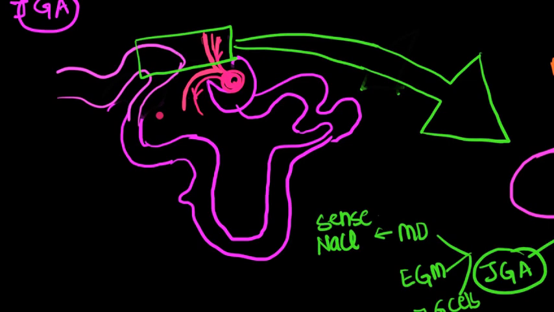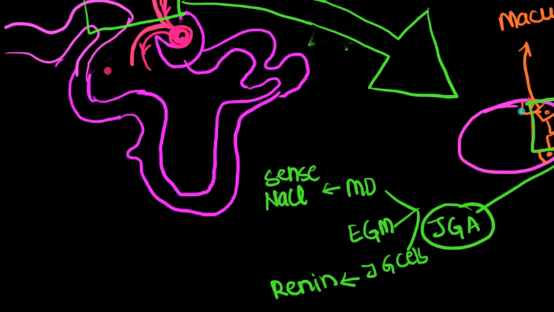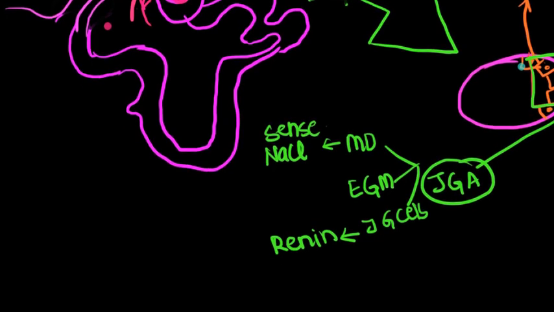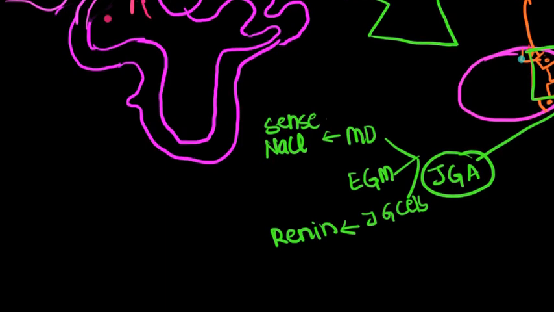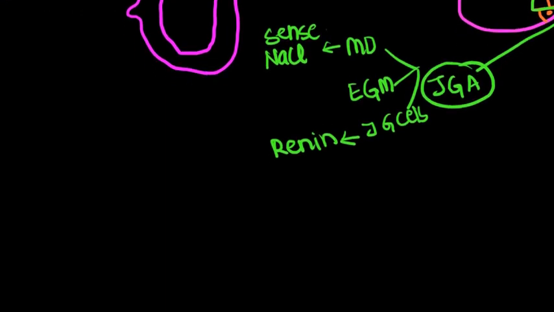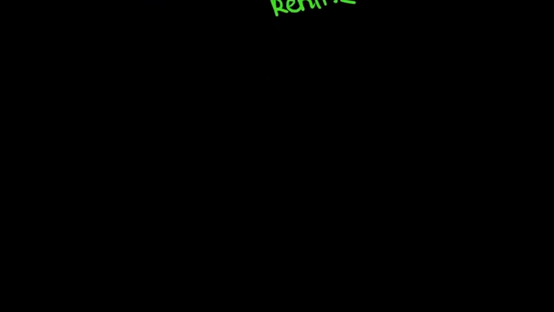It assesses this with the help of macula densa cells and sends feedback through renin. The renin will then influence things in various ways, which is your RAS system. If it has a lower sodium chloride, it moves in a different manner, but ultimately it would be affecting the glomerulus in some way or the other. Okay, so let's see what the tubuloglomerular feedback loop is.